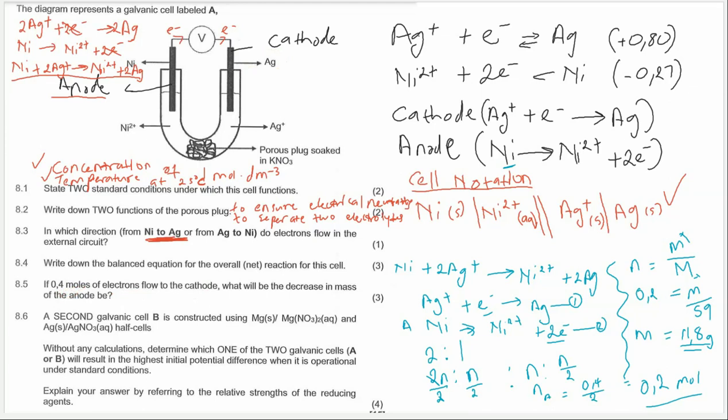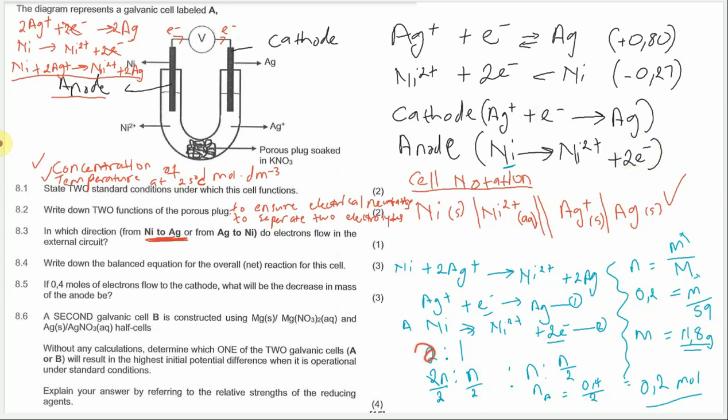So this is stoichiometry. If you understand stoichiometry, this is not going to be a problem. You write your reaction like this, or you can just relate: for every electron in the cathode, it's related to 2 electrons in the anode.